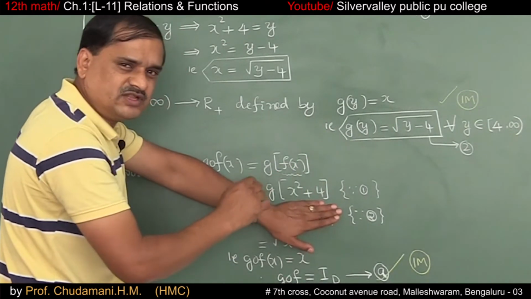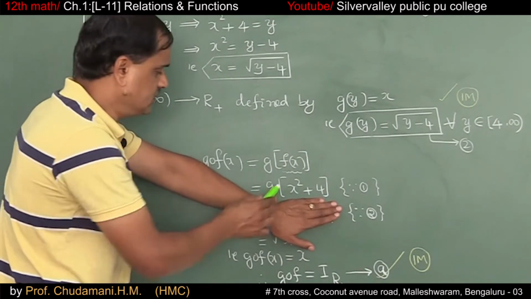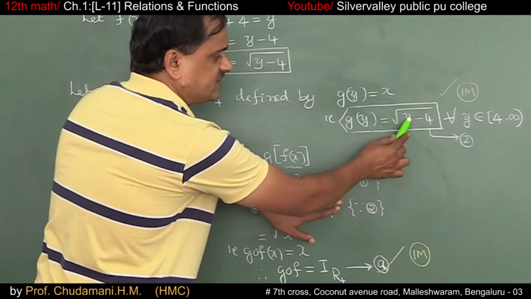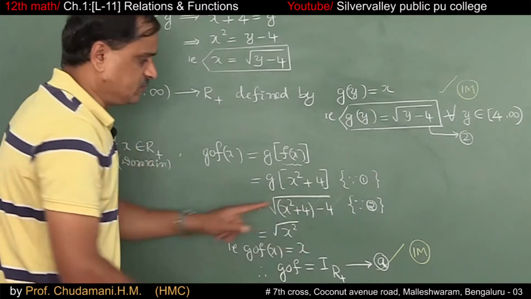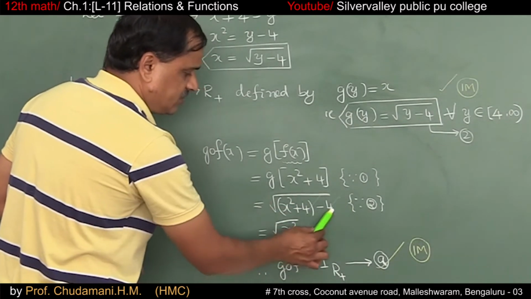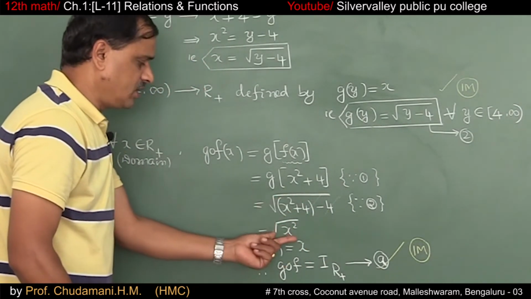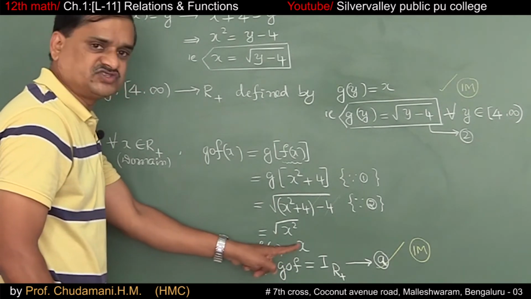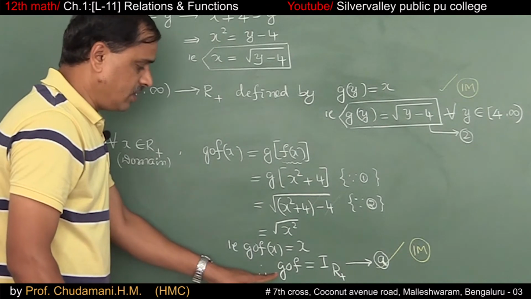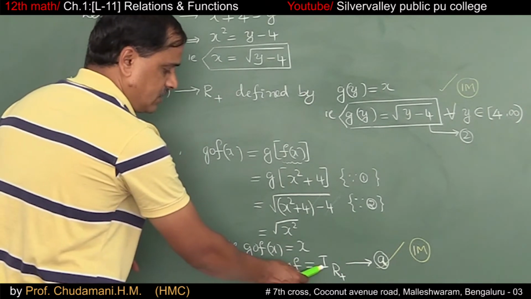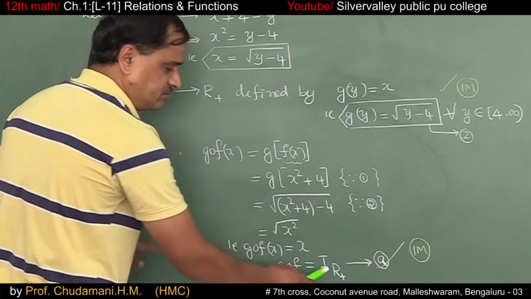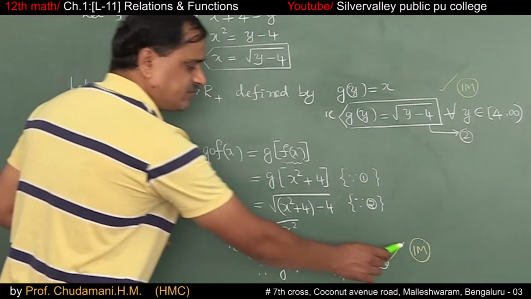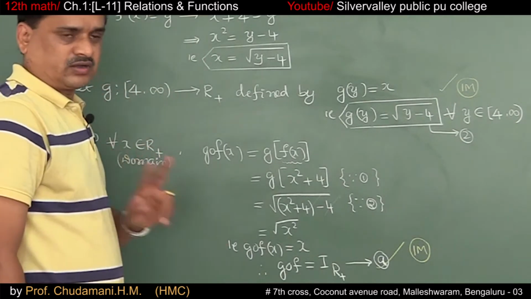So g of x square plus 4 means root of x square plus 4 minus 4, using equation 2. Plus 4 and minus 4 get cancelled. Root of x square means x, we are left with x. So g o f of x is equal to x. Therefore, g o f is an identity function on the set of positive real numbers, the domain. Say this is equation A. If you obtain g o f, you get another mark, 1 mark.